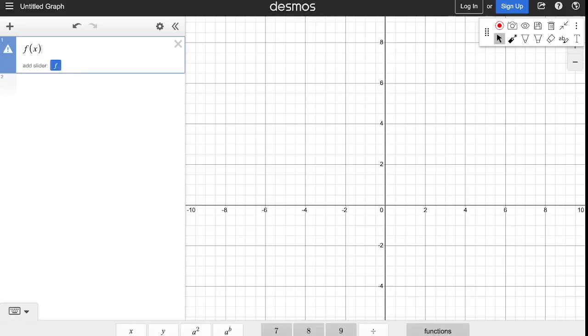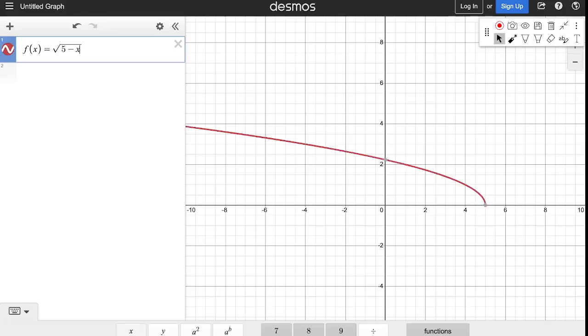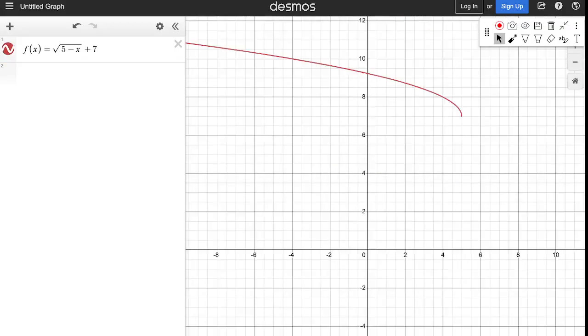The original function is what we're going to graph. We've got the square root of 5 minus x, and then outside of the square root, we're going to add 7. And if you've been through the part on the translations, which you hopefully should, we notice that plus 7 just moved it up.